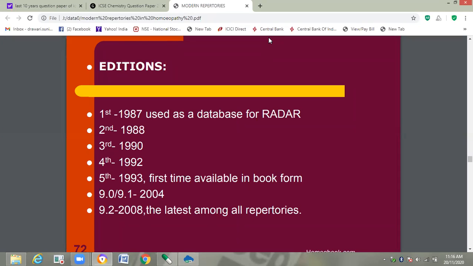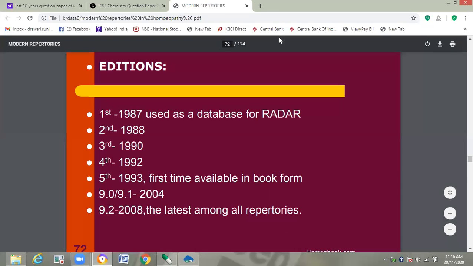Then in 2008, the latest edition among all repertories, that is 9.2, was published. In this way, there were different editions of this book.